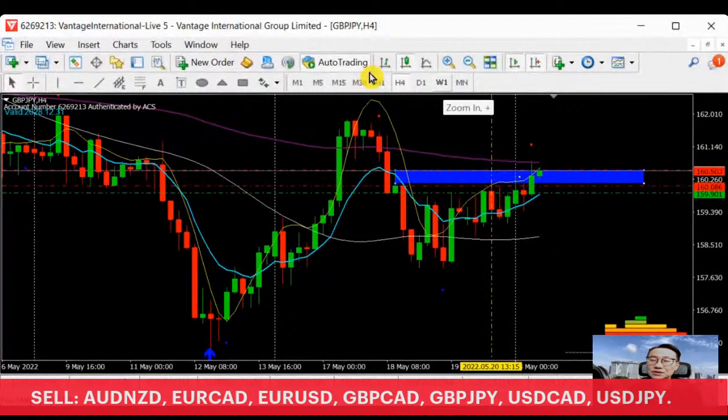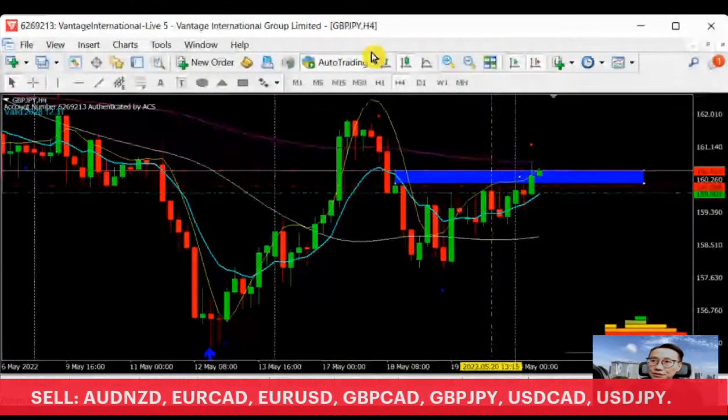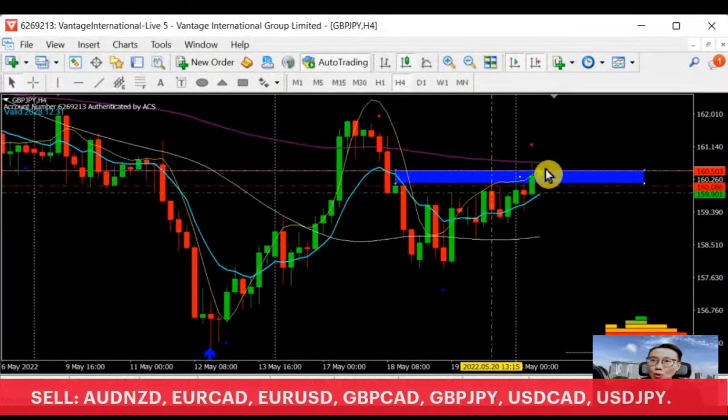This is the resistance area, the blue area that I'm plotting out. Once it breaks out, that means no trade today. Give it a miss.